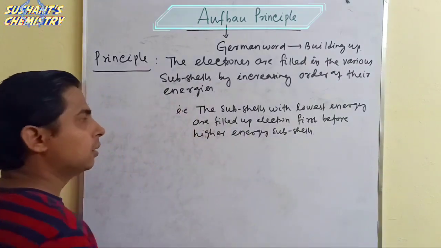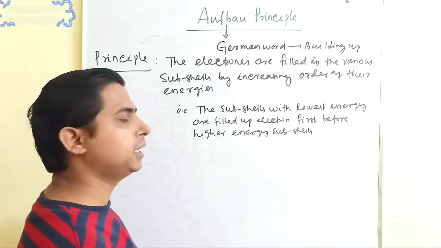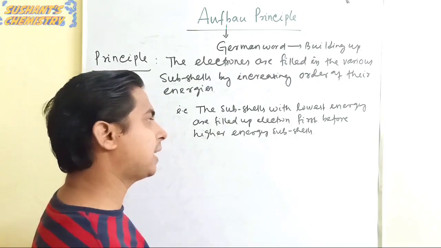That means between two or more subshells, the subshell which has lowest energy is filled with electrons first before higher energy subshells.